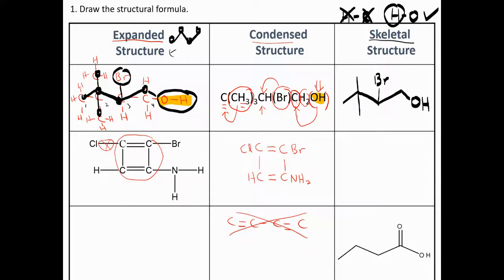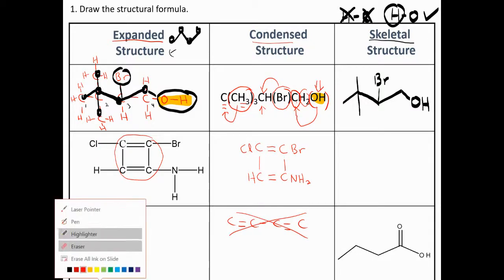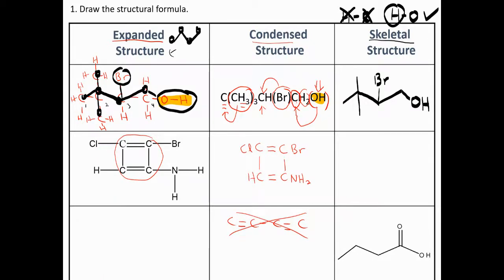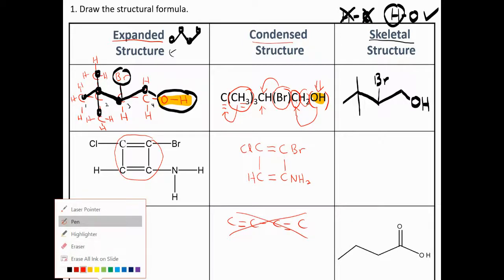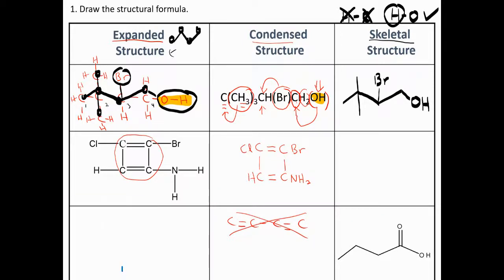Again, we come back to draw the skeletal structure. How to draw the skeletal structure? First of all, same thing, it is a cyclic. When it is a cyclic, we draw the cyclic and then it has a double bond. After that, let's see which carbon has a substituent other than hydrogen.